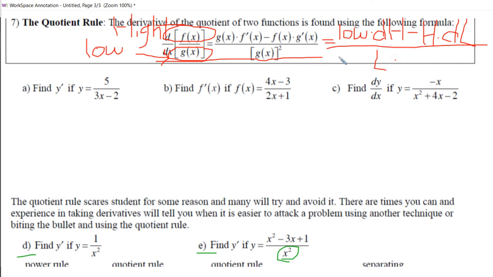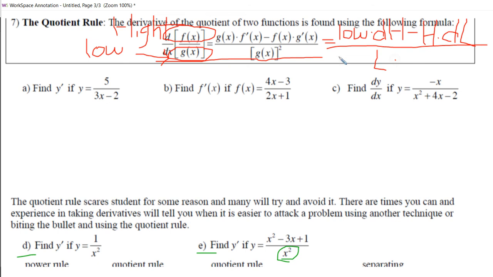You get low D high minus high D low over low low. You can't swap those out. This is your formula for you. So low times derivative of high minus high times derivative of low over low low.